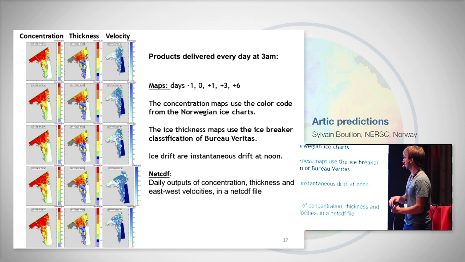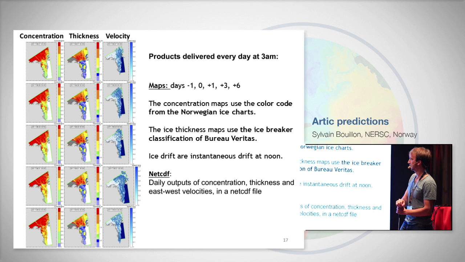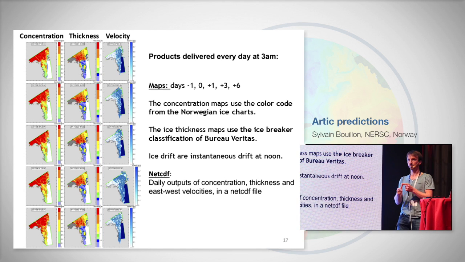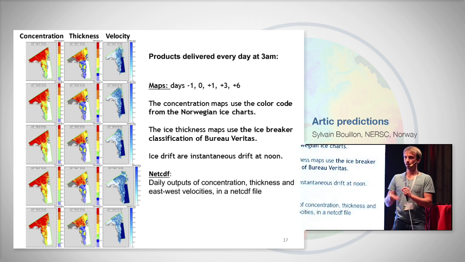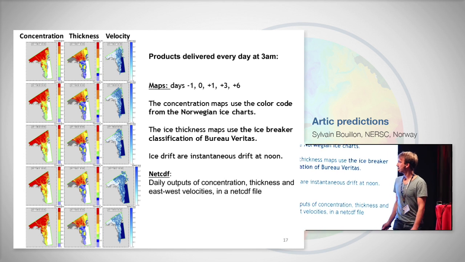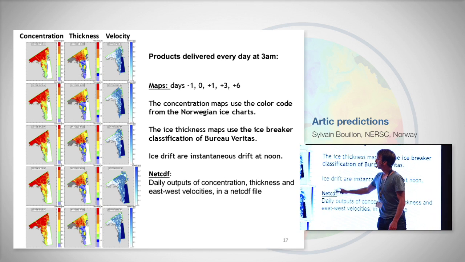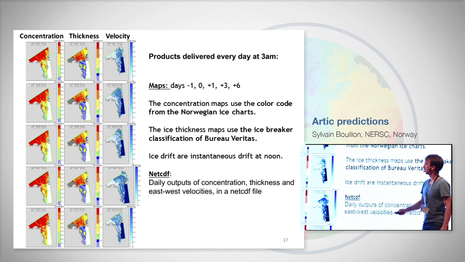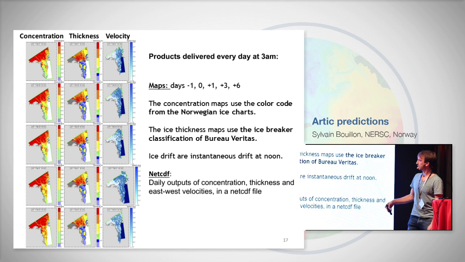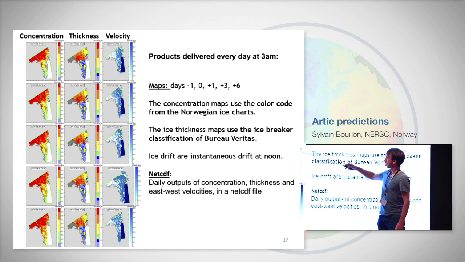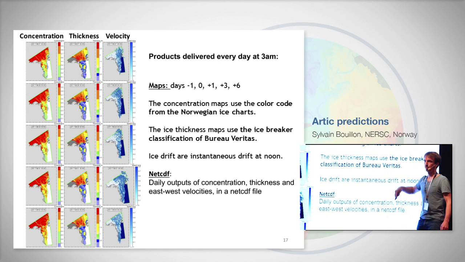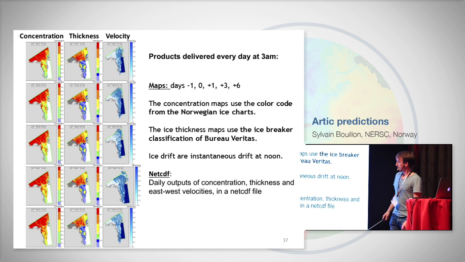To convince them that it was maybe problematic to go there, we were providing maps of sea ice concentration, thickness, and drift. And to make them more readable, we used color codes from the Norwegian ice charts for the concentration and from the icebreaker classification from Bureau Veritas.